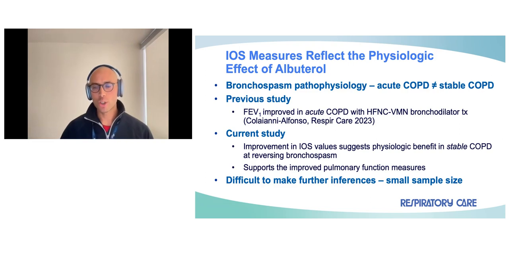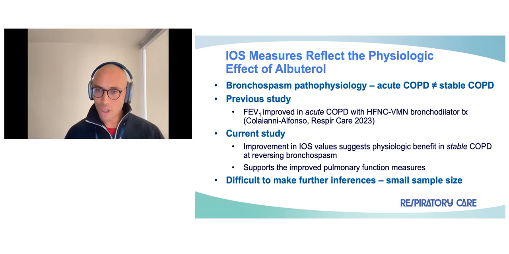FEV1 was shown to improve in acute COPD with high flow vibrating mesh nebs. But in this current study, they look more at that physiology with the IOS, and the improvement in the IOS values suggests that in stable COPD, there may be a physiologic benefit with high flow vibrating mesh.